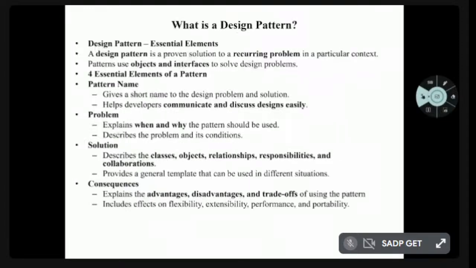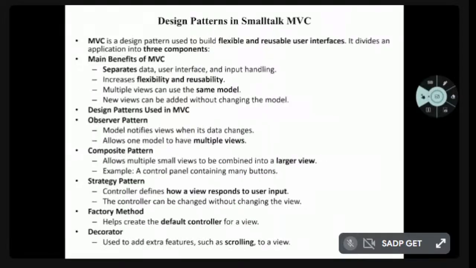Then we saw what a design pattern is and what the essential elements of design patterns are. Then we saw design patterns in Smalltalk MVC, that is the model view controller architecture, where design patterns are used at three different levels: observer, composite, and strategy pattern.